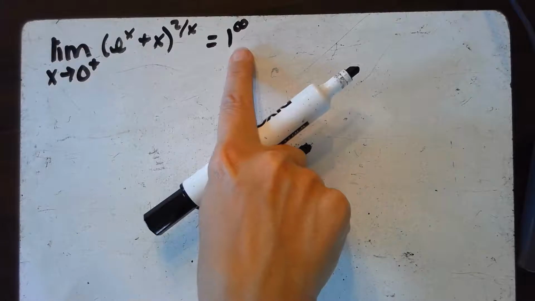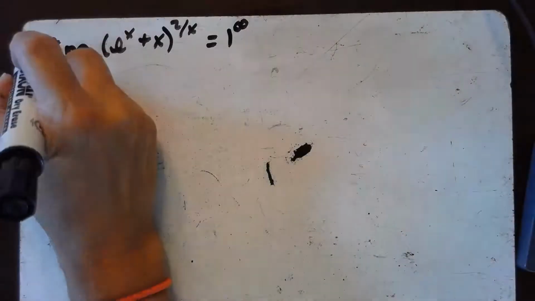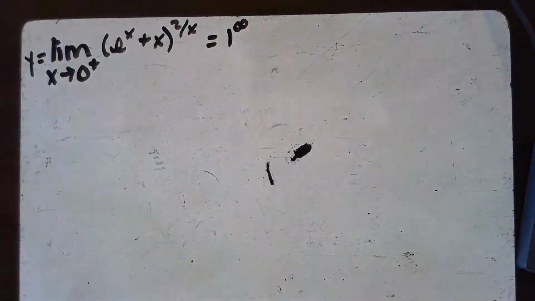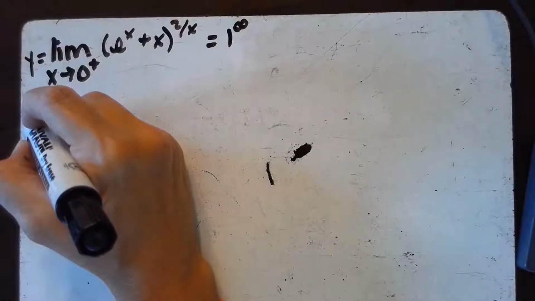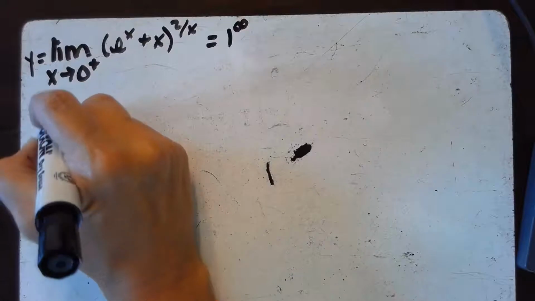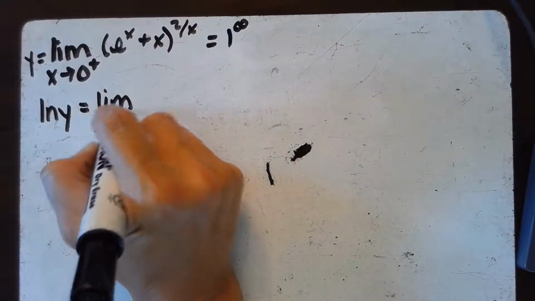Now anytime you have any of the indeterminate forms where you have something raised to the something, we want to use logs. So what I'm going to do is set this equal to y. And I'm going to take the natural log of each side. So the natural log of y equals. Now I have to keep limit notation.